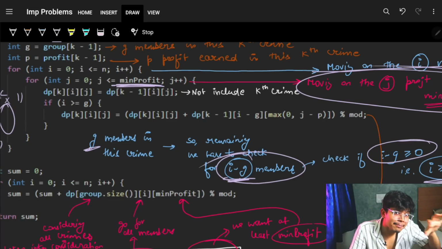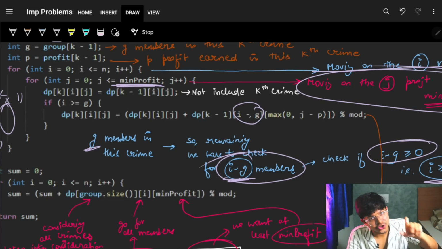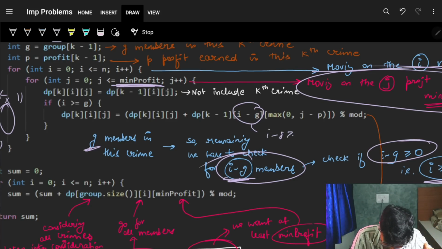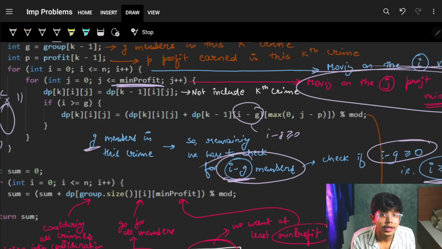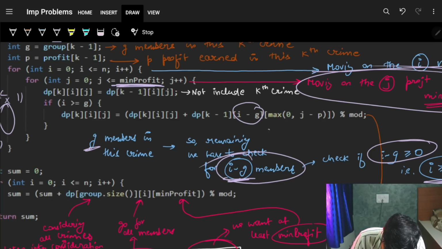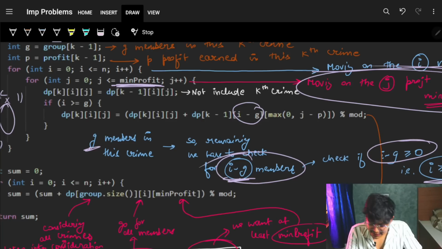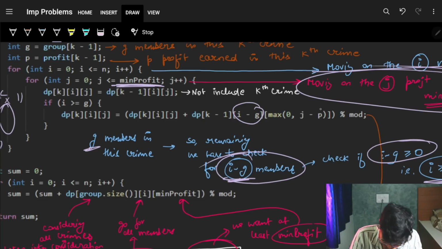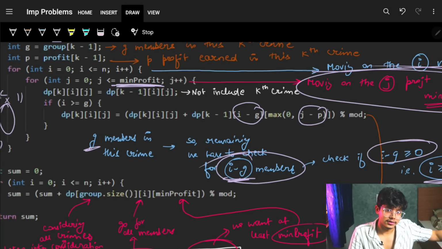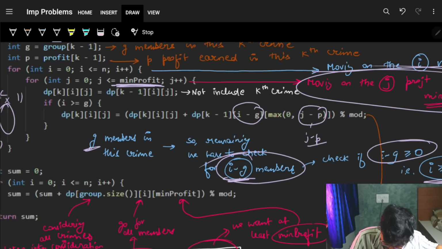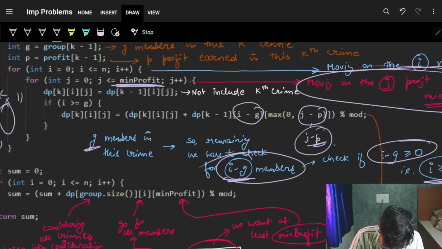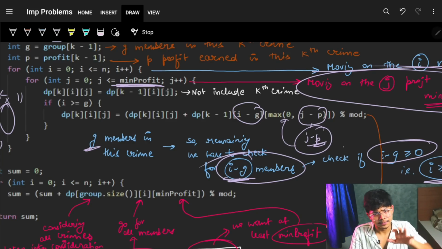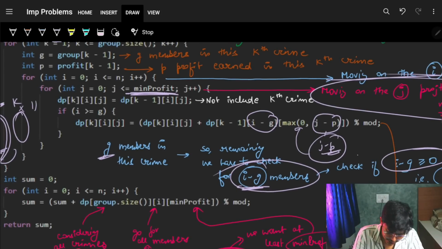So the remaining members will be I minus G, and we checked that I minus G will for sure be more than or equal to 0, because we did not want to access a negative index. Now also I have earned my P profit, so the profit which I have to look for in my DP would be J minus P, and for sure I don't want to execute that for negative. That's the reason I took it should be more than or equal to 0. It's the same thing that I just wanted.